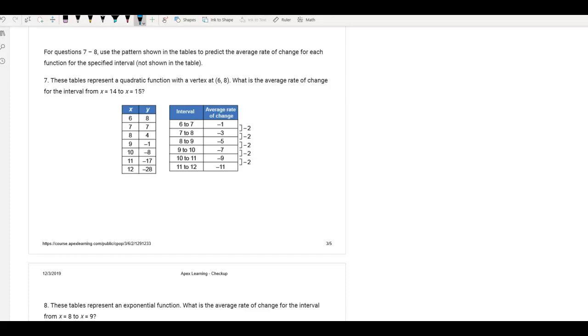So if you look here, the average rate of change from 12 to 13 would go down to negative 13. Then from 13 to 14, go down to negative 15. So when you go 14 to 15, it would be down to negative 17. So your average rate of change here would be negative 17.